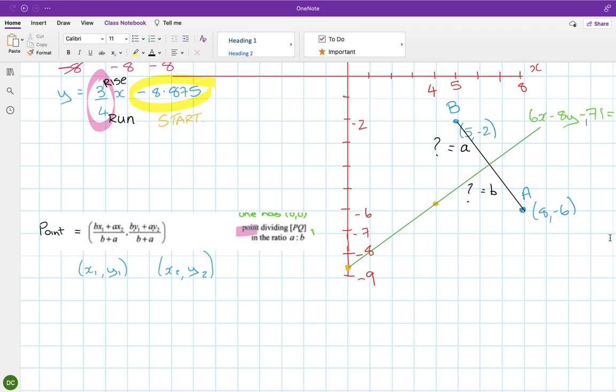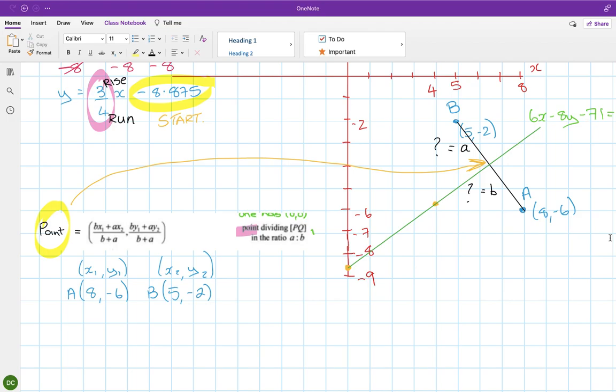So it's 8, minus 6, which was point A, and the other one, 5, minus 2, which is point B. And the answer here refers to that point there. Yeah? Okay.